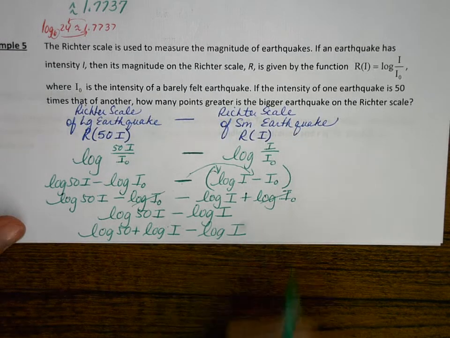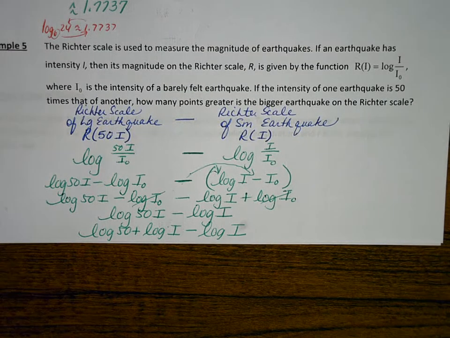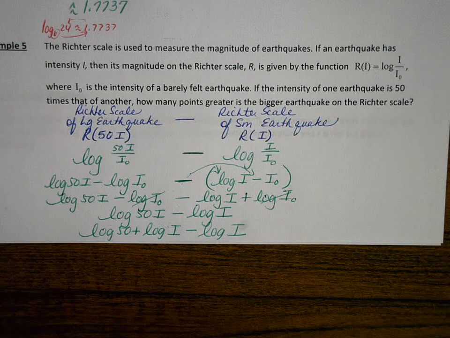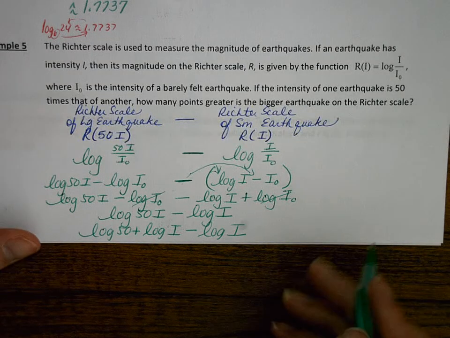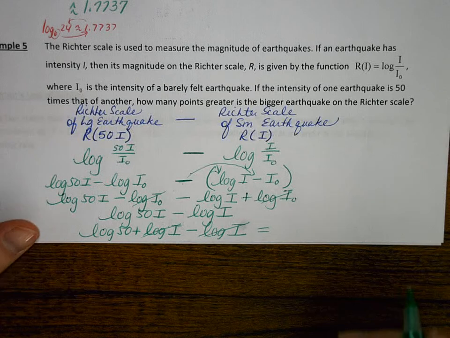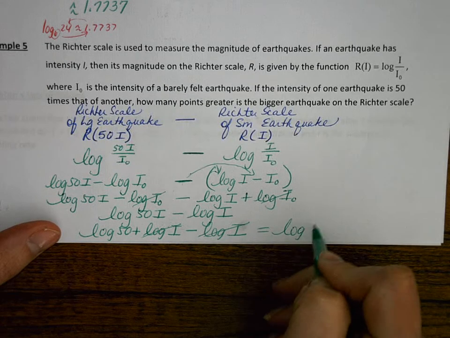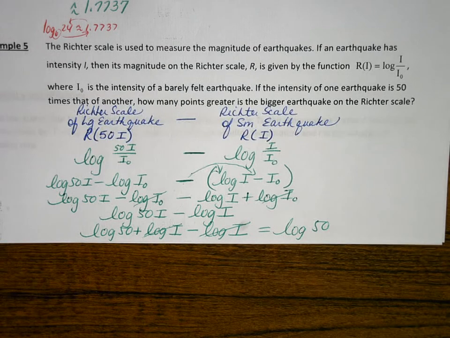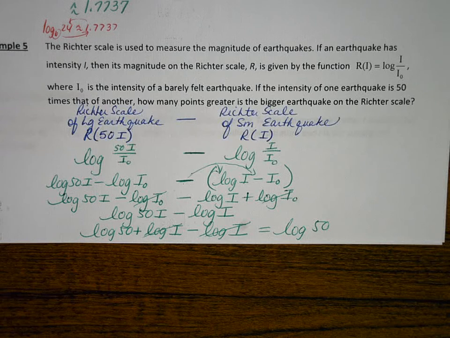All right, Katie, what are you thinking? The logs of I. Yep, positive log of I, negative log of I cancel, and what do we get? Log of 50. Now, please explain to me what this is saying. What base am I in? 10. And when I'm finding a logarithm, I'm finding an exponent.